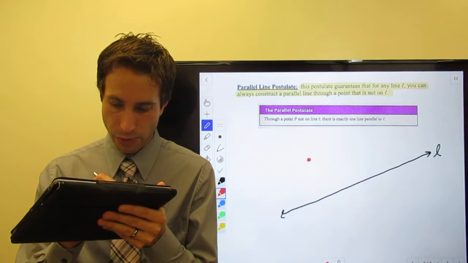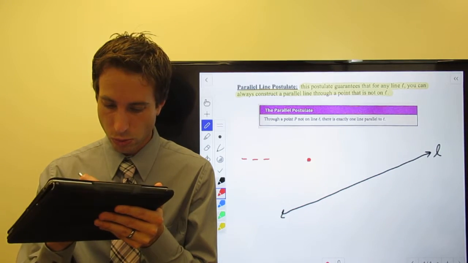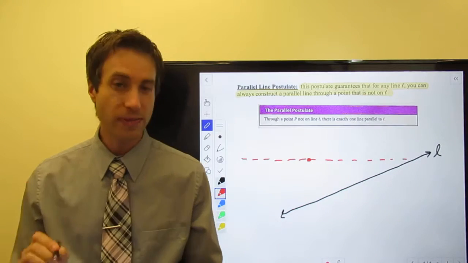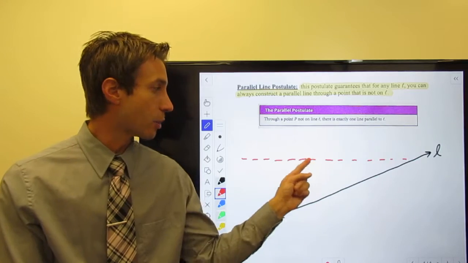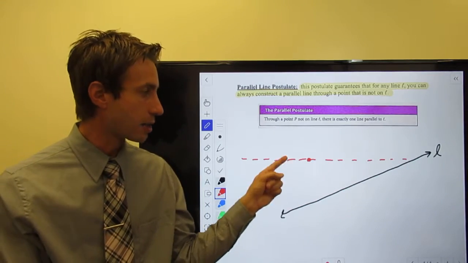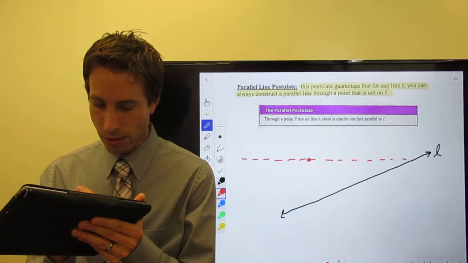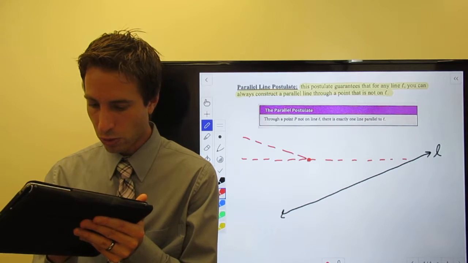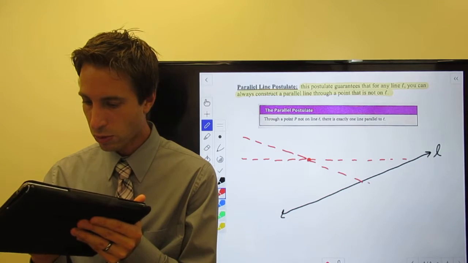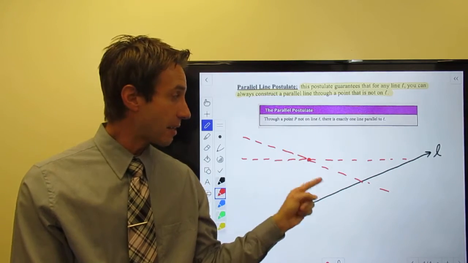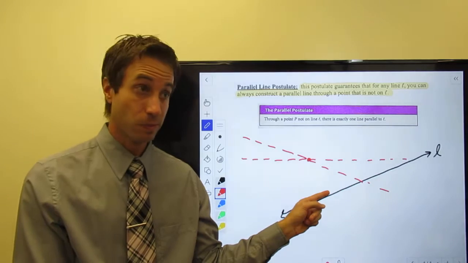I could draw a line through that point like this. There's a line and it's going through that point. But are these lines parallel? No. I could draw a line that goes through that point that looks like this. It goes through the point. But is that line parallel to line L?